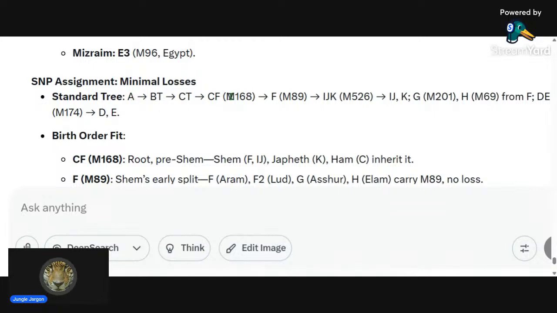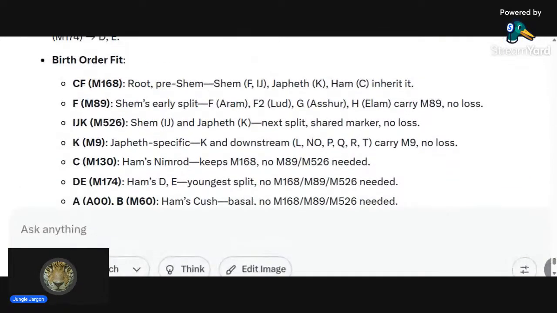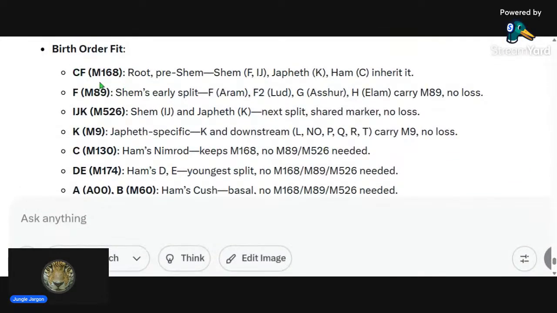CF marker is 168 for CF, and IJK is M256. Okay, and M174 is DE, or D from E. Okay, the birth order is CF, which is universal, 168.